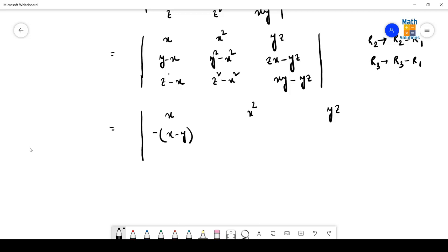Then in this part, if minus is taken common, z can be taken common, and within the bracket x minus y will be there. Same is the case with the third row. Our requirement on the right hand side is z minus x, therefore it has to be kept as it is so that we can take common directly.